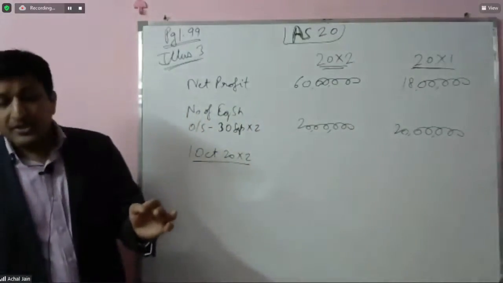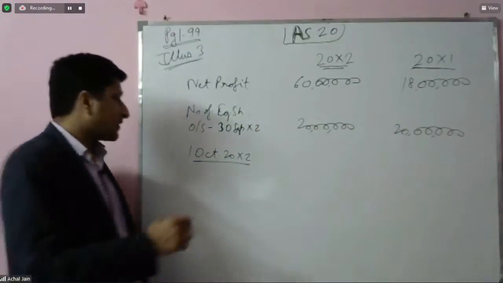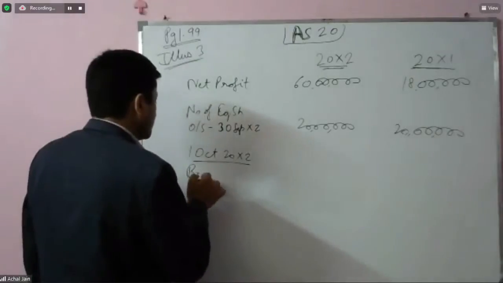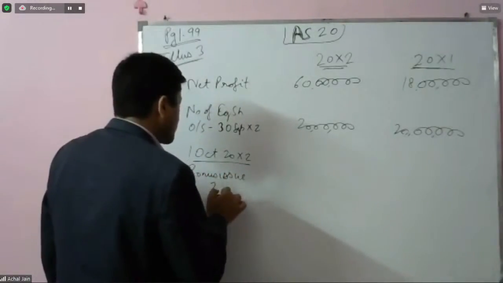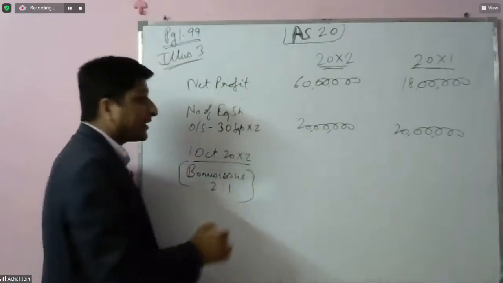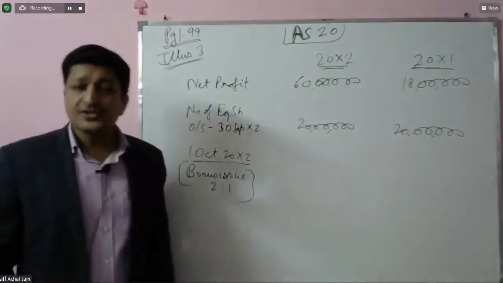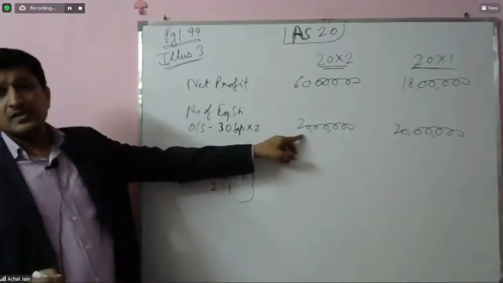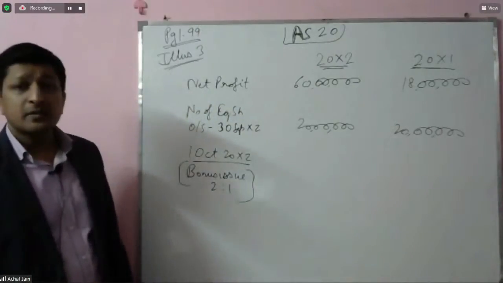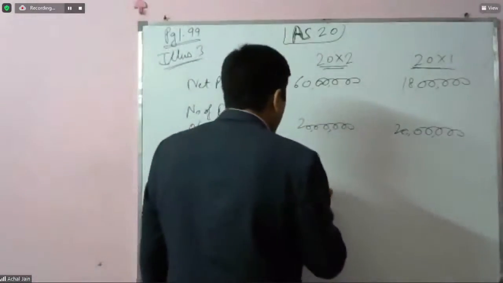Against every equity share outstanding, 2 equity shares were given. So there was a bonus issue in the ratio of 2:1, which means for every equity share, 2 equity shares were issued. Number of equity shares outstanding was 20 lakhs. So how many bonus shares have been issued? 40 lakhs.